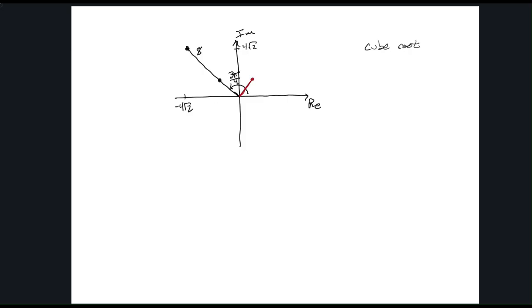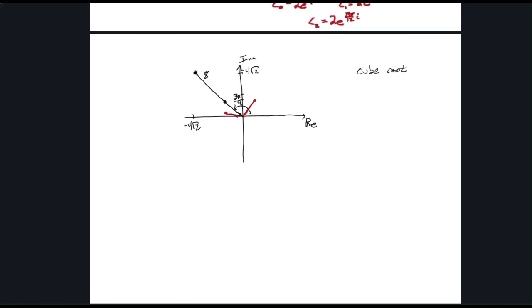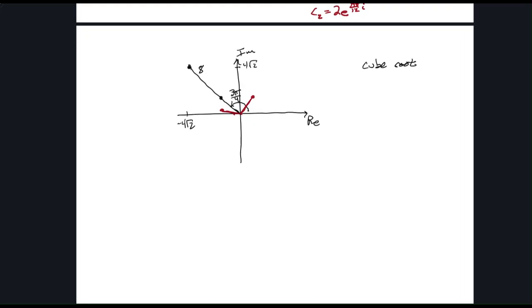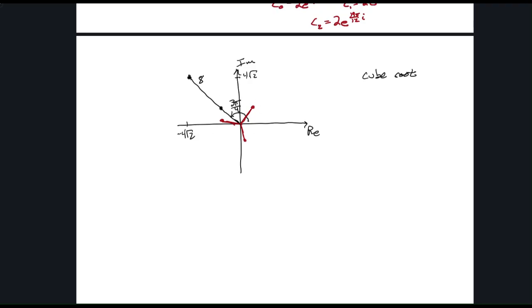So if I took the full 360 degrees and cut that into thirds, it creates this symmetrical shape around the origin of where these are.